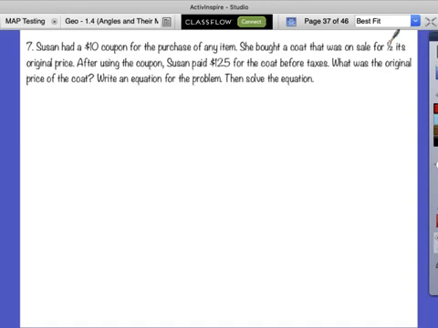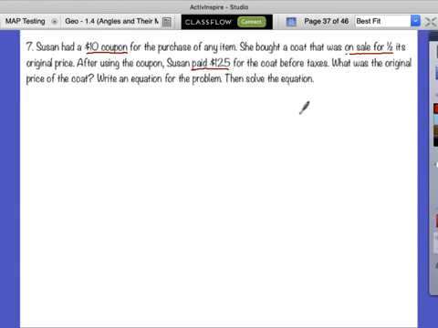So what did we do last time we had word problems? Underline key information. Can somebody tell me something we might want to underline here? $10 coupon, right? That's probably pretty important. Half, so it's on sale for half. Paid $125.